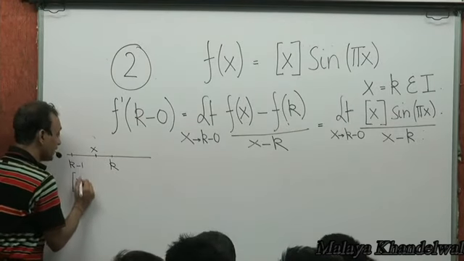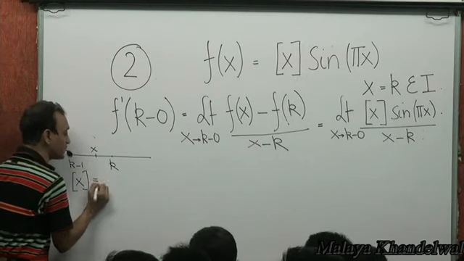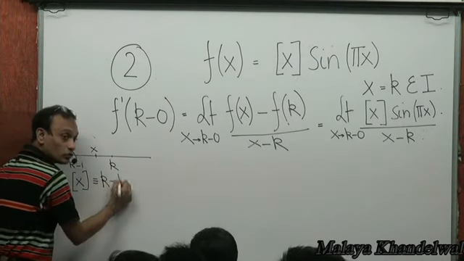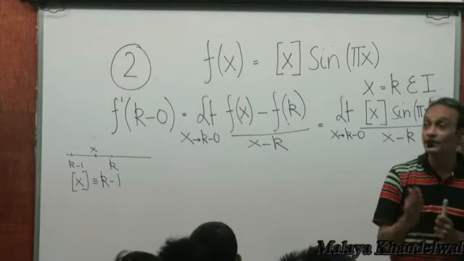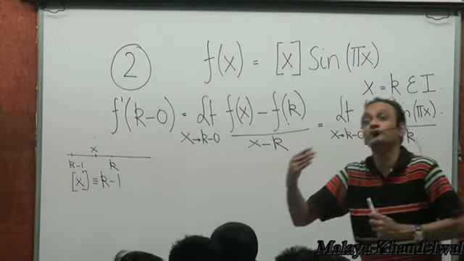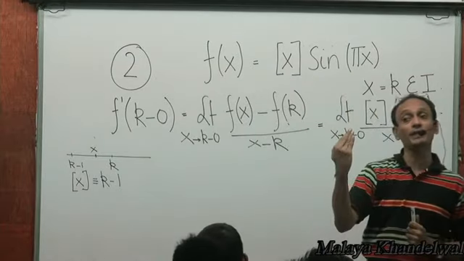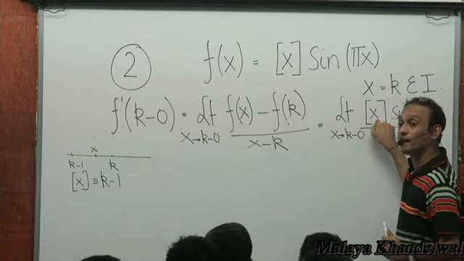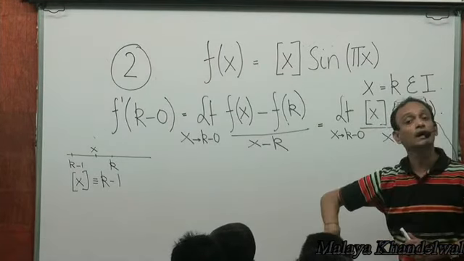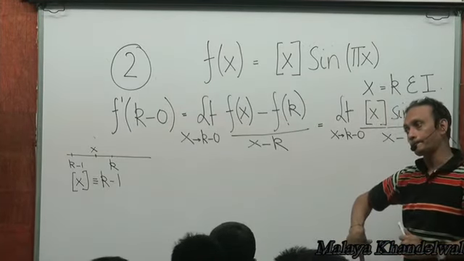Box x would be identically, it will not tend to k minus 1, it will be identically equal to k minus 1. Yes or no? When x tends to k from the less than k side, box x does not tend to k minus 1, it's going to be identically equal to k minus 1. And if box x is identically k minus 1, this will become k minus 1 and k minus 1 will come out. Right? Yes or no?